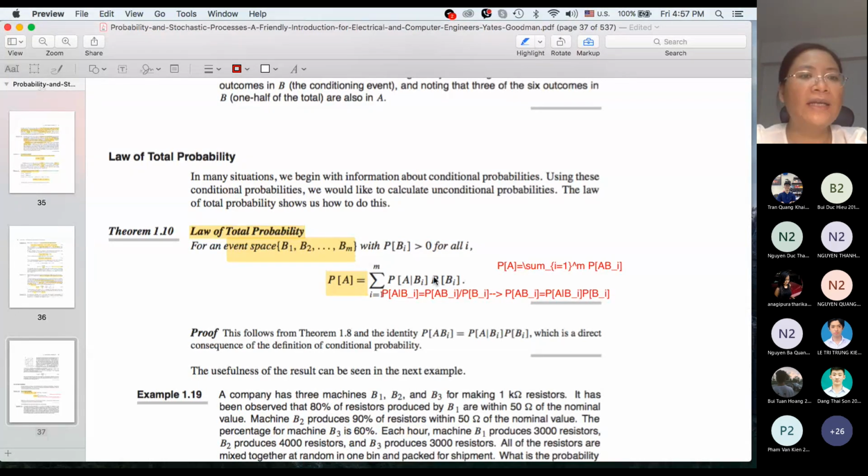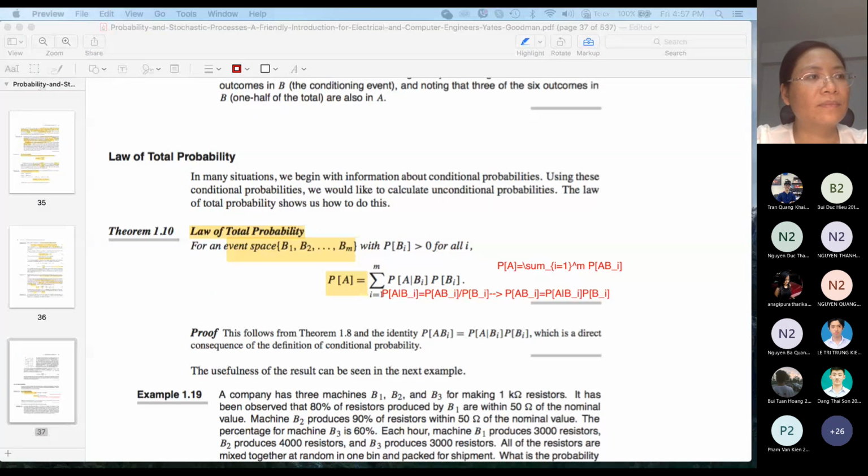Do you understand the proof of theorem 1.10? If you understand, please write down U on the comment box. Please write down U if you understand the formula of theorem 1.10.